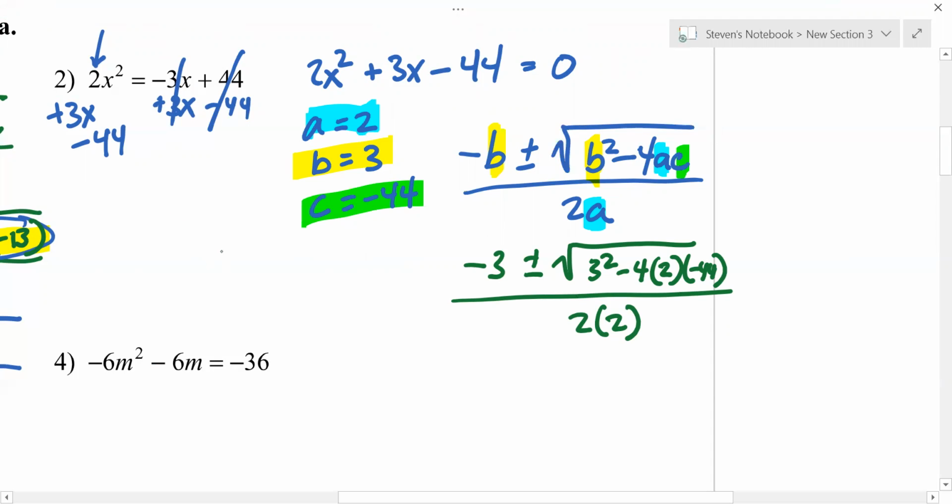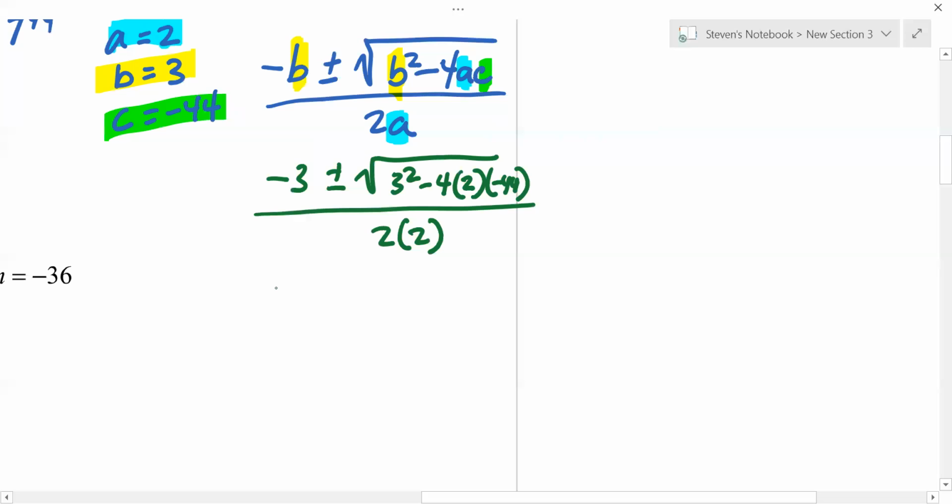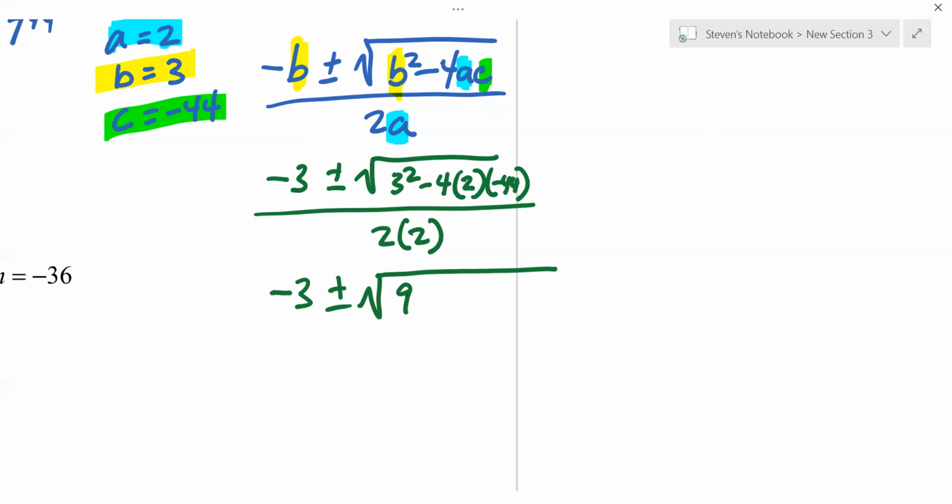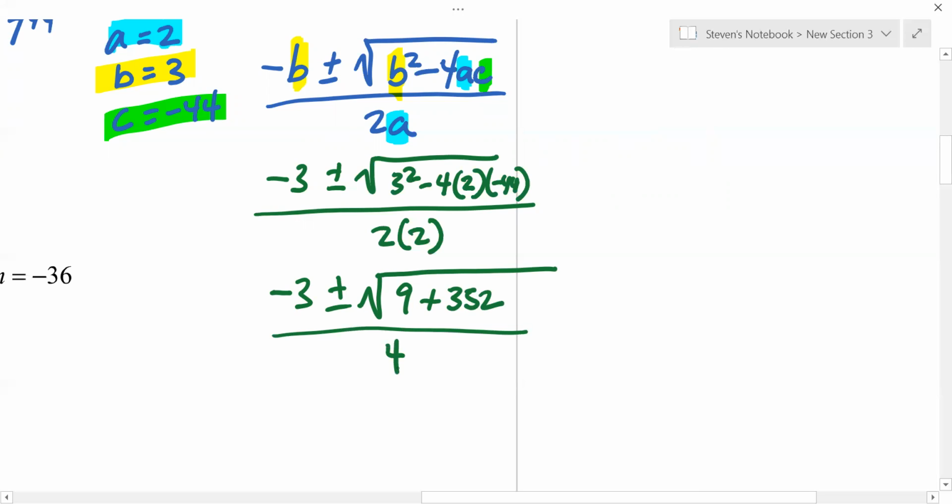So I have negative 3 plus or minus the square root, 3 squared is 9. All right, and let's calculate the rest. Negative 4 times 2 is negative 8. So negative 8 times negative 44 gives me positive 352. So I'm going to write plus 352, all divided by 2 times 2, which is 4.